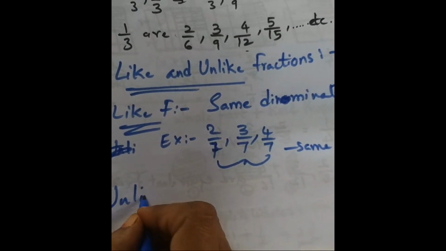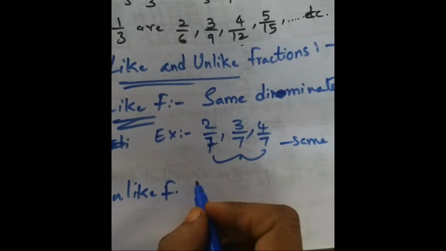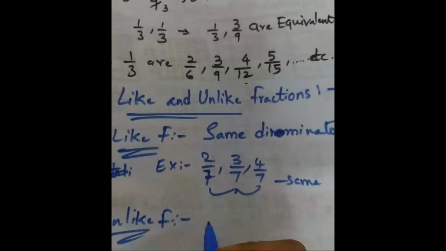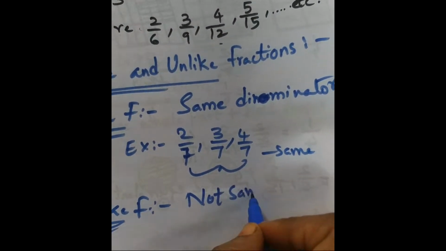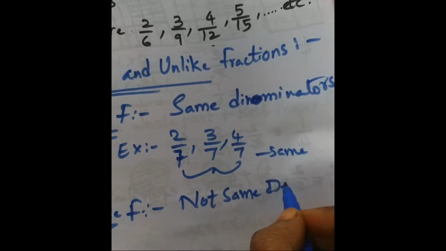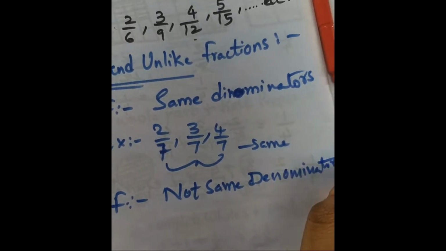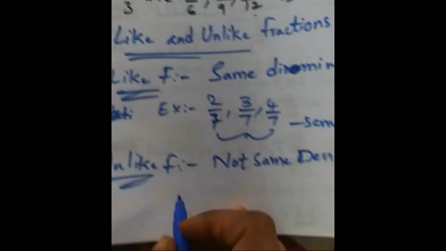Now unlike fractions. In these fractions, the denominators are not the same. We only have to check the denominators. If they are the same, they are called like fractions; if not the same, they are unlike fractions.